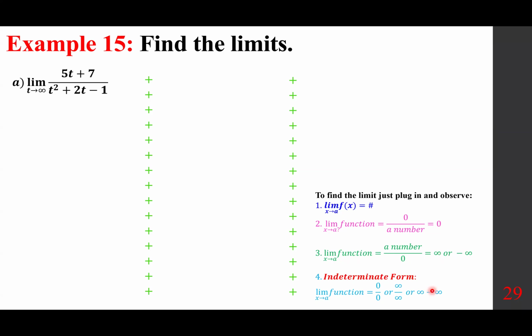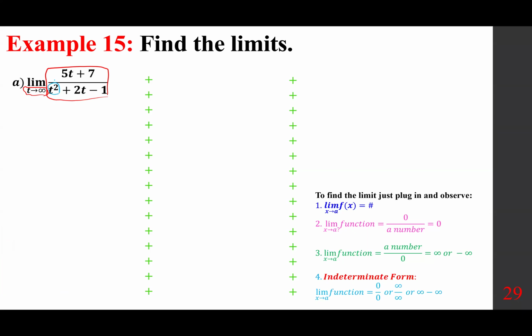So if you have a rational function or a fractional format, and the variable doesn't matter, t is approaching infinity, the technique is to divide by the highest degree term in the denominator.